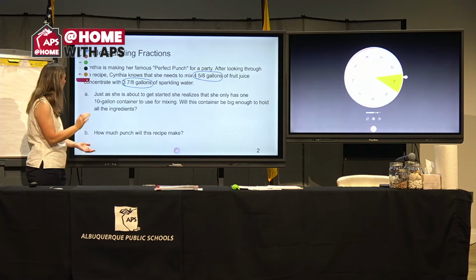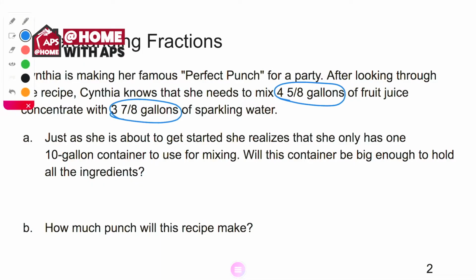Perfect. All right, so we don't know what we're being asked. We have to read more. Just as she is about to get started, she realizes that she only has one 10-gallon container to use for mixing. Will this container be big enough to hold all the ingredients?